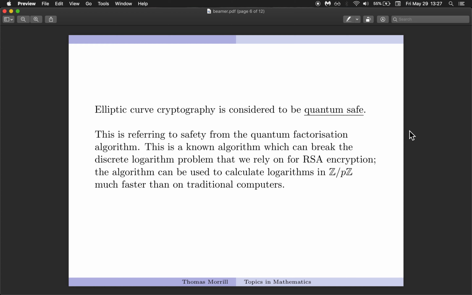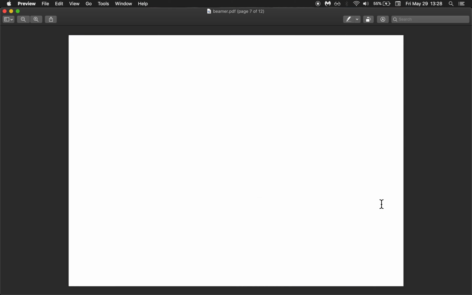And what that allows an attacker to do is that an attacker who's able to run the quantum factorization algorithm can actually break RSA encryption much faster than they would by the ordinary, just give it off to a server farm and wait 100,000 years. So this is something that's a problem for encryption systems that are based on exponents, like we worked with a couple months ago. There is a catch.